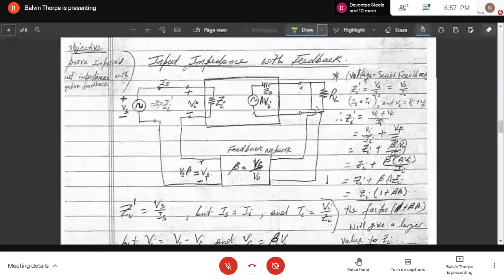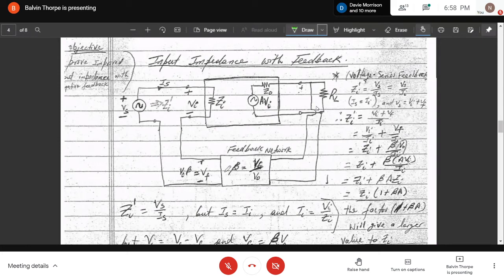Here we have our circuit again, our voltage-series network. The voltage we're applying is what is coming to the feedback network, and we have the feedback network output in series with the network.